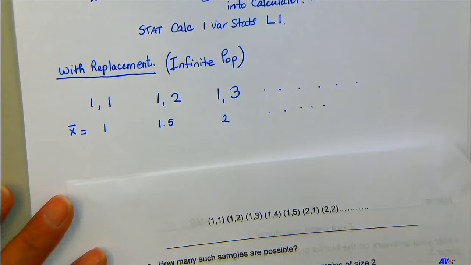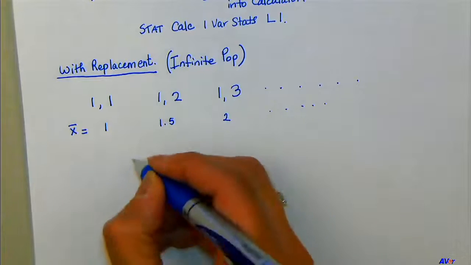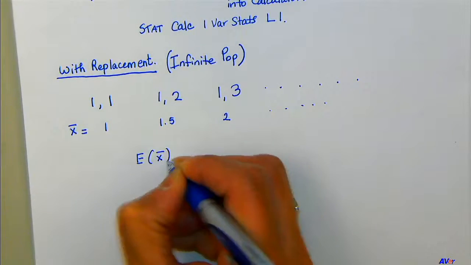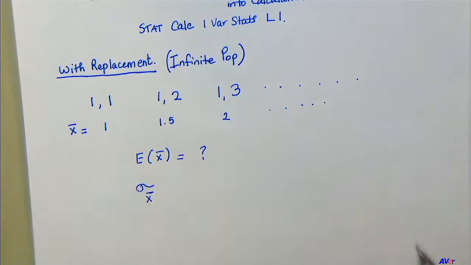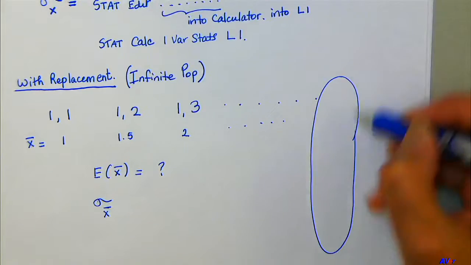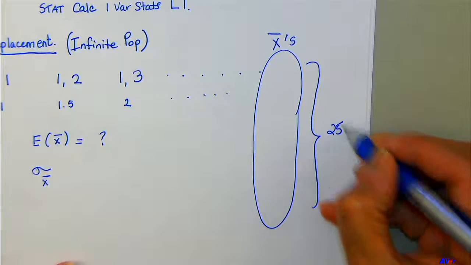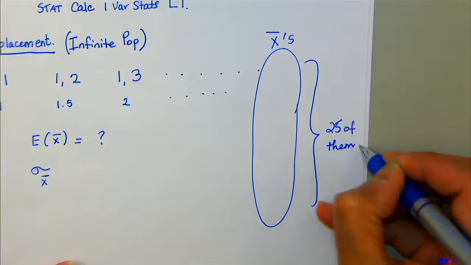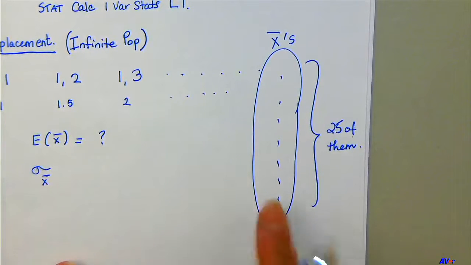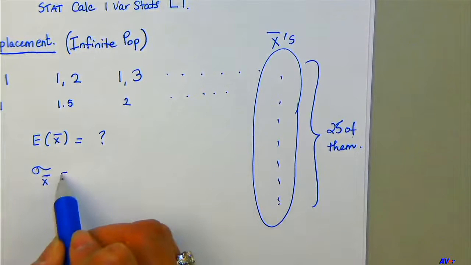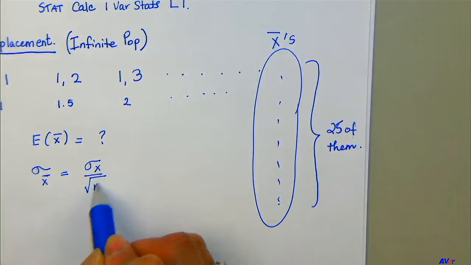Gather them up, stick them back in your calculator, and find the mean, E of X bar, and sigma of that list. Find the mean and the standard deviation of these 25 X bars, and show that this comes out to be sigma x over rad n. Your n is 2.